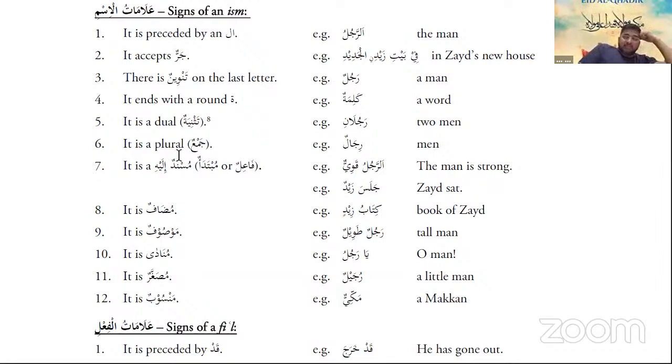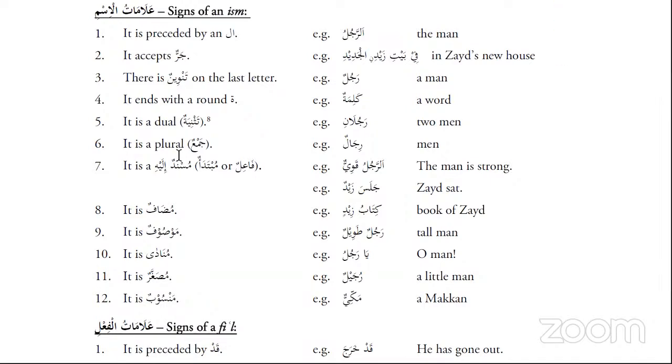Which is a plural, number 6. It is plural, jama. Let's read the examples as well. Rijalun, men. Preceded by an al, ar-rajul.